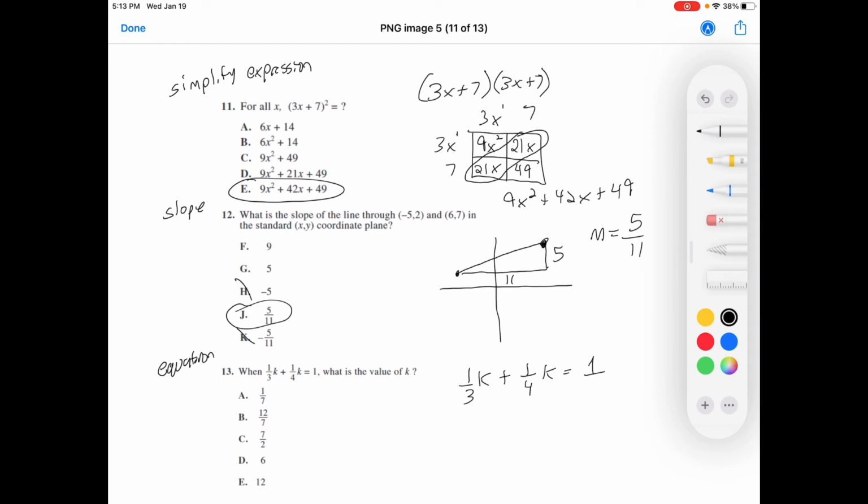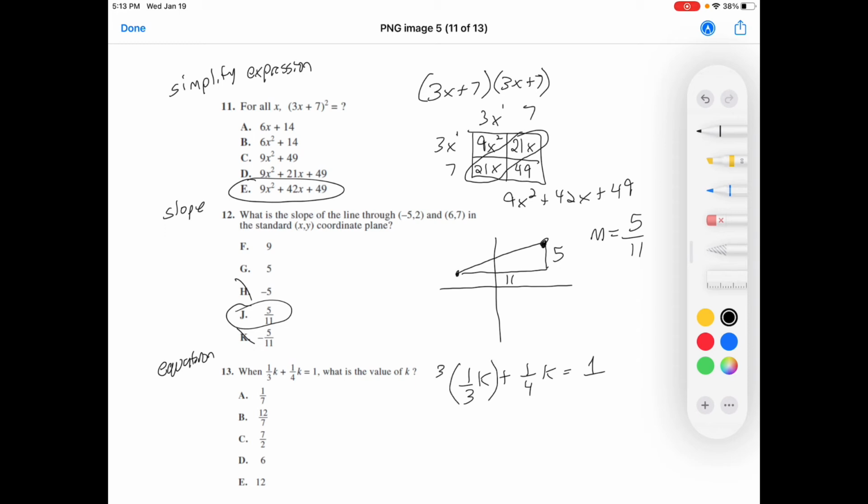All right, so anytime you have a fraction, we can get rid of the denominator of any fraction. Let's look at that first term, 1/3 k. I can get rid of that 3 simply by multiplying every term I see by 3.